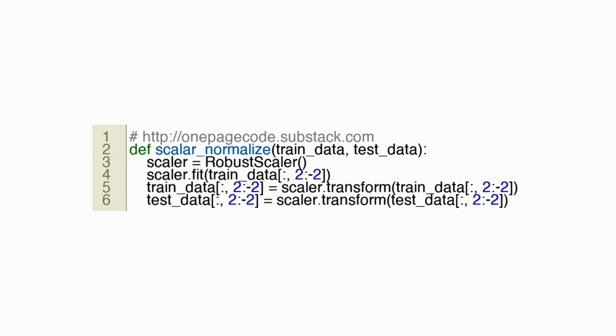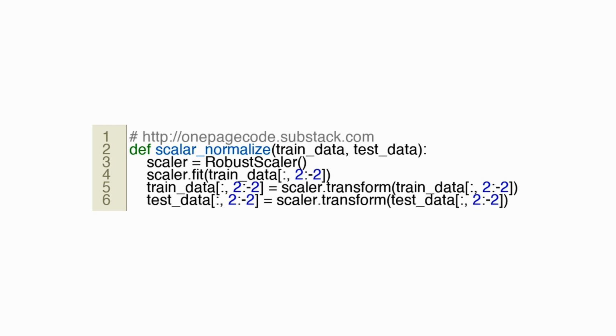This code first defines a function called scalar normalize that takes in two arguments, train data and test data. Inside the function, a scalar object from the robust scalar class is created. This scalar is then fitted to the train data, specifically the columns starting from the third column to the second to last column. This means that the scalar will use the data in these columns to determine how to transform the data.